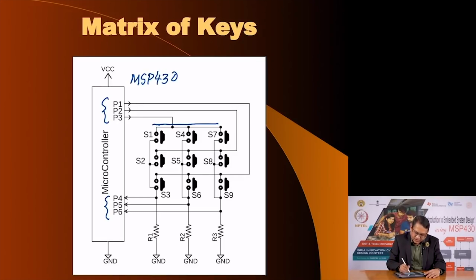P2 is connected to S2, S5 and S8, and P1 is connected to S3, S6 and S9. Similarly, P4 is connected to the other end of S1, S2 and S3, and there is also a pull down resistor. P5 is connected to S4, S5 and S6, and there is a pull down resistor R2, and P6 is connected to S7, S8 and S9 with a pull down resistor.